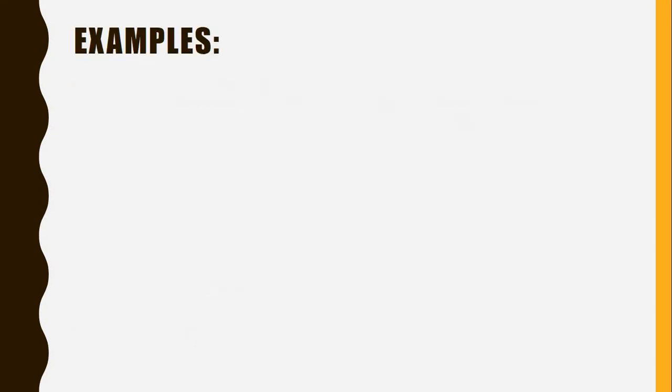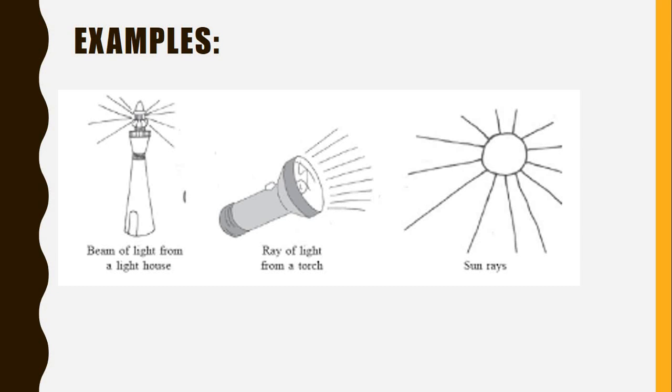Now some examples: a beam of light from a lighthouse, a ray of light from a torch, and the very basic idea, sun rays. So in today's class we discussed some basic shapes, and in the next class we will discuss more. Thank you.